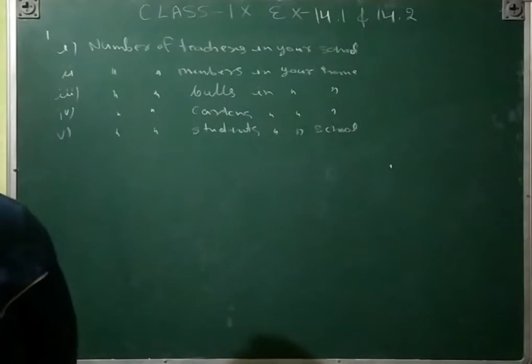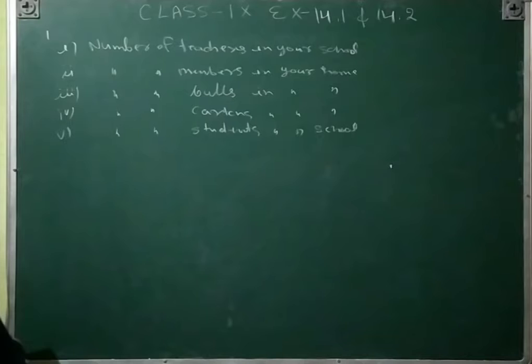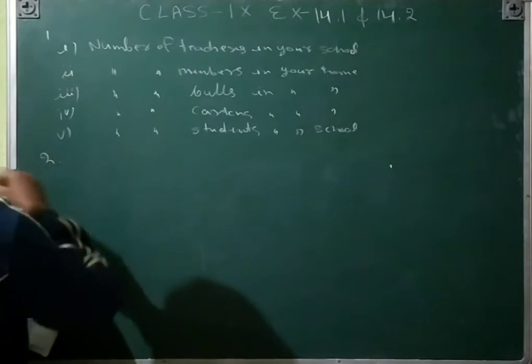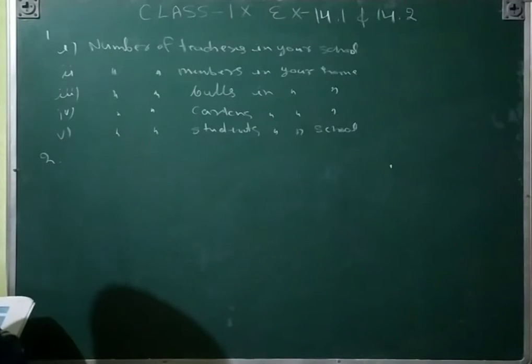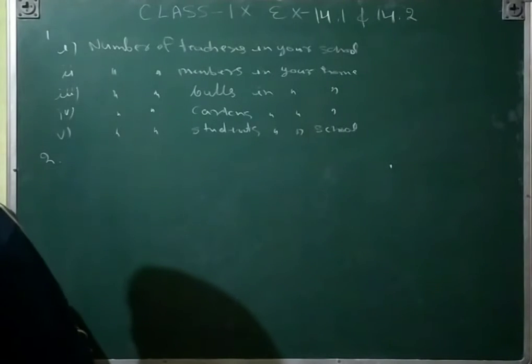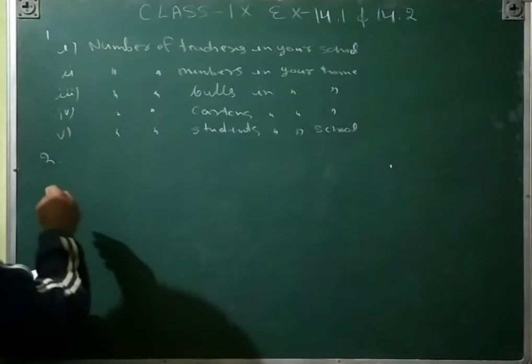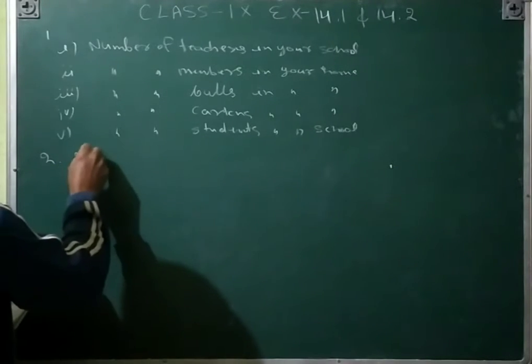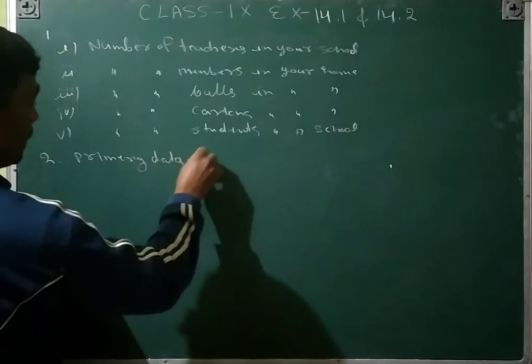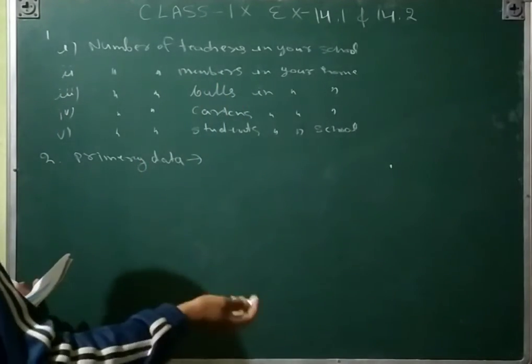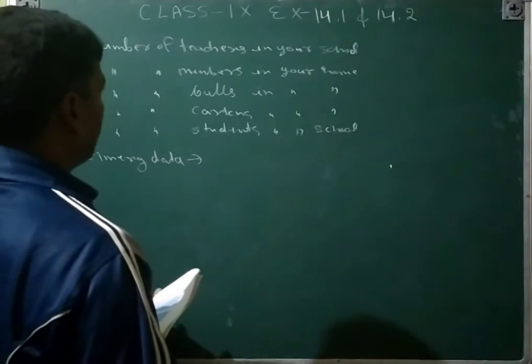And then the second question says: classify the data in question 1 above as primary or secondary. Which are primary and which are secondary? Teachers are primary data, because if there are no teachers in school, it will not work.